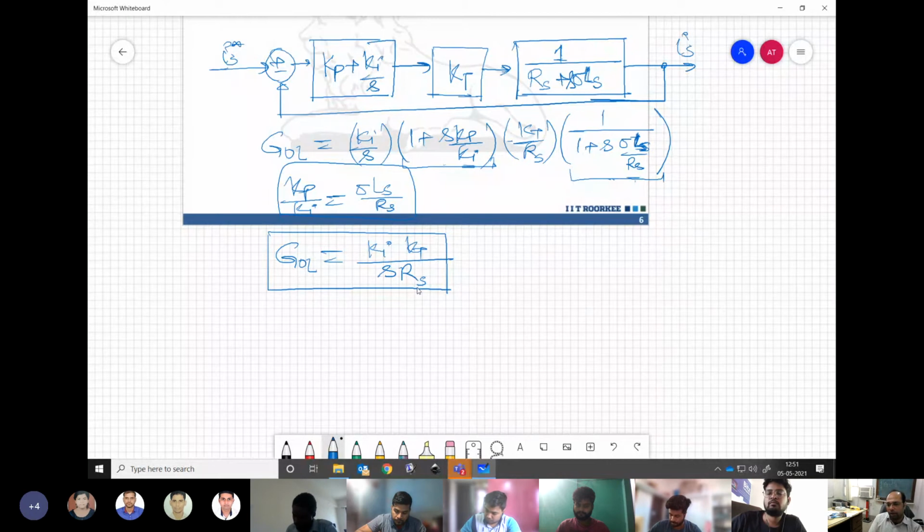Then what is our closed loop plant? Maybe for classification, I will mark an I, which denotes the current closed loop plant. So what is GCL for a unity feedback system? 1 upon 1 plus KT by, or something else? 1 upon 1 plus what?